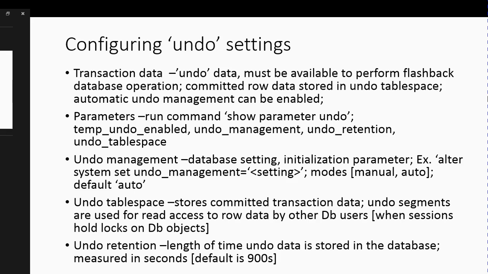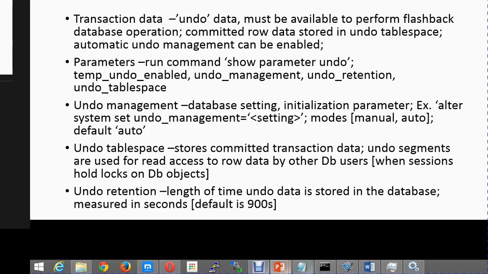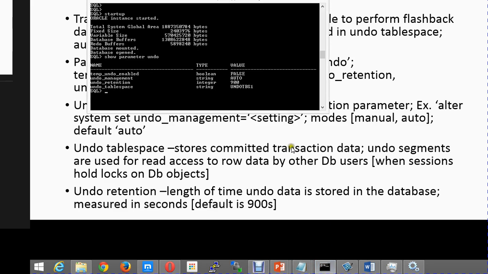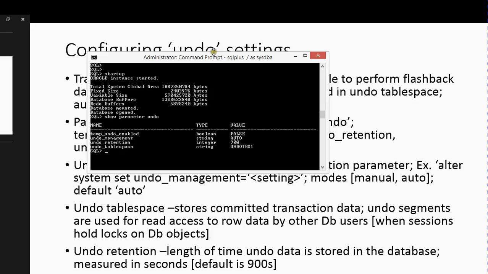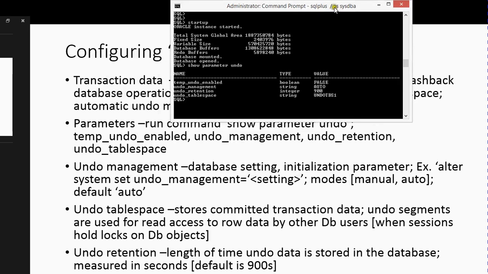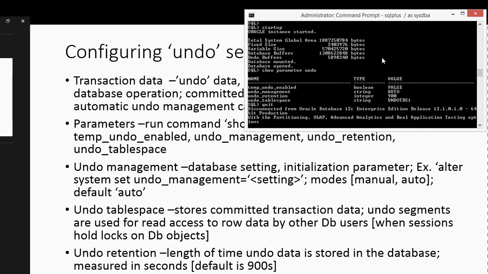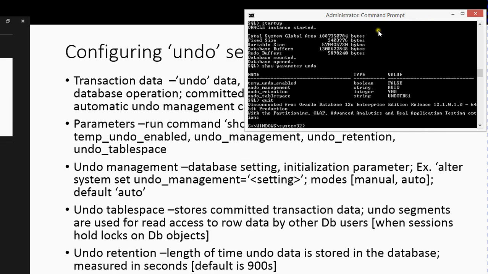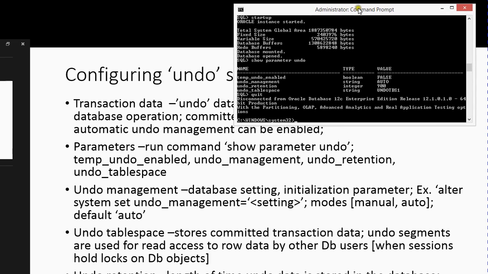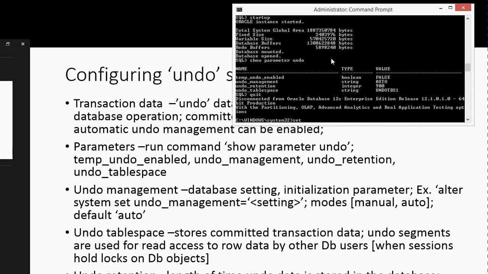And then you also have some parameters. What I'm going to do now is open up SQL Plus. I'm going to quit, and I'm going to be using Oracle 12c.